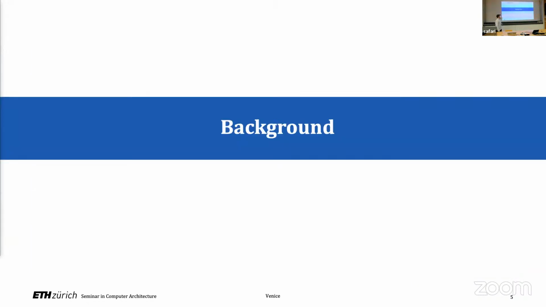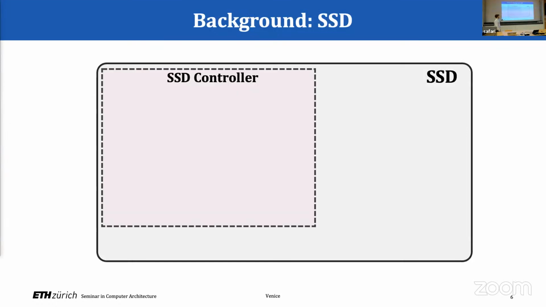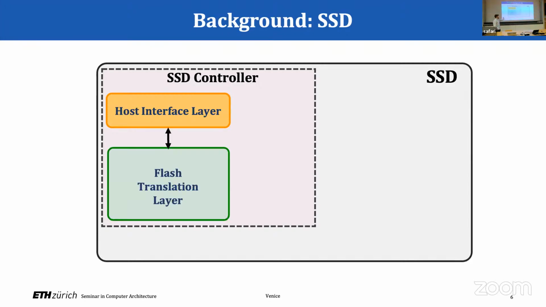So let's talk about the modern SSD, which is built up something like this. It usually has an SSD controller, which has a host interface layer that communicates with the host system, and the SSD also communicates with the flash translation layer.